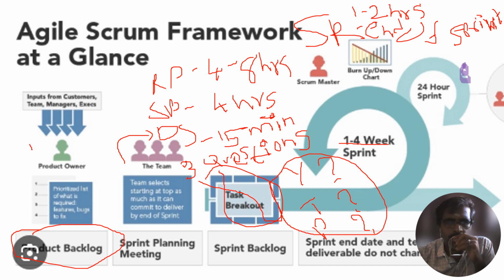And what is the advantage of Agile over waterfall methodology, and how Agile is different from waterfall methodology.